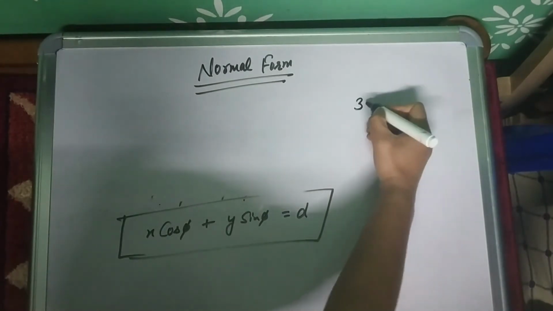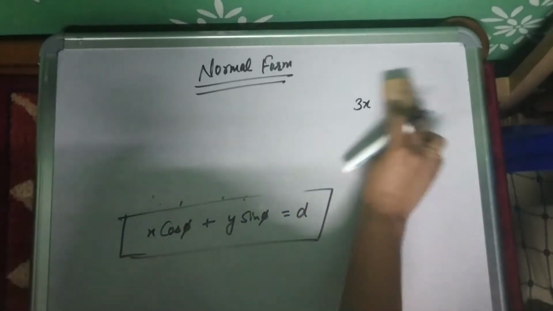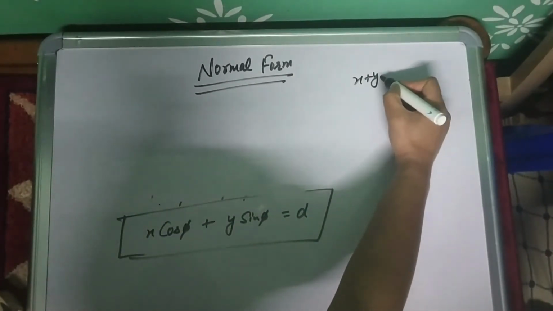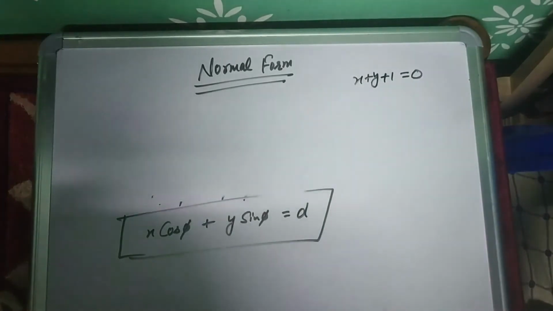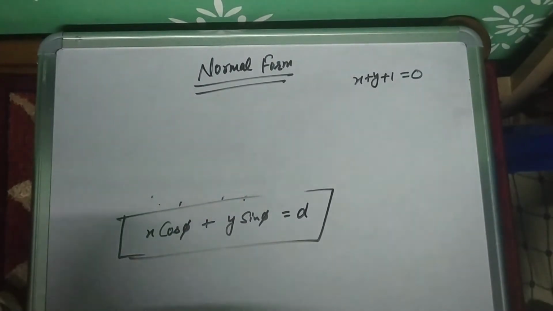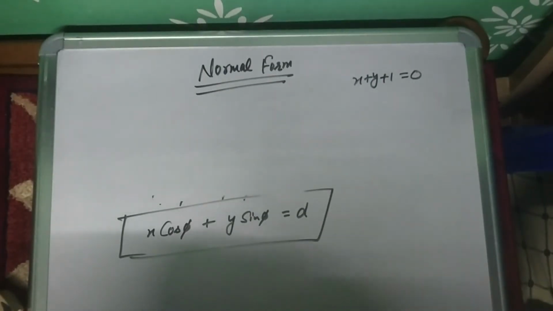That is why it's called the general equation also. Let me take the equation as x plus y plus 1 equals 0. This is the equation of a line. We have to convert this into normal form. Converting it to normal form, how does it help? It actually tells us the distance of this line from the origin.